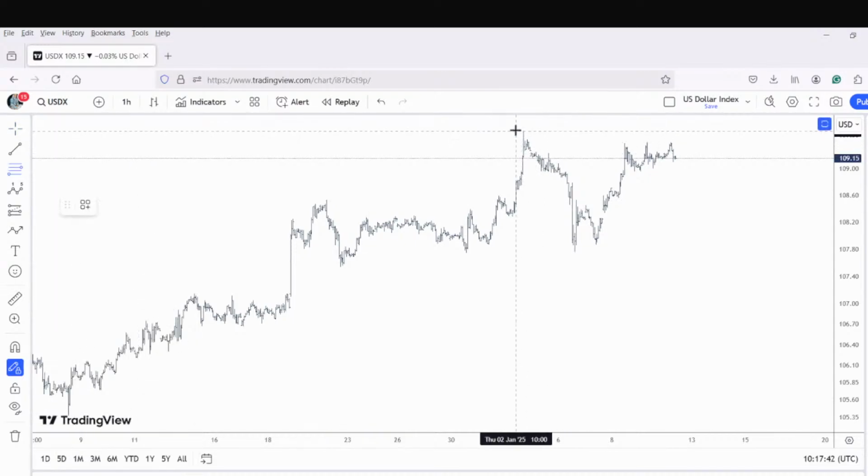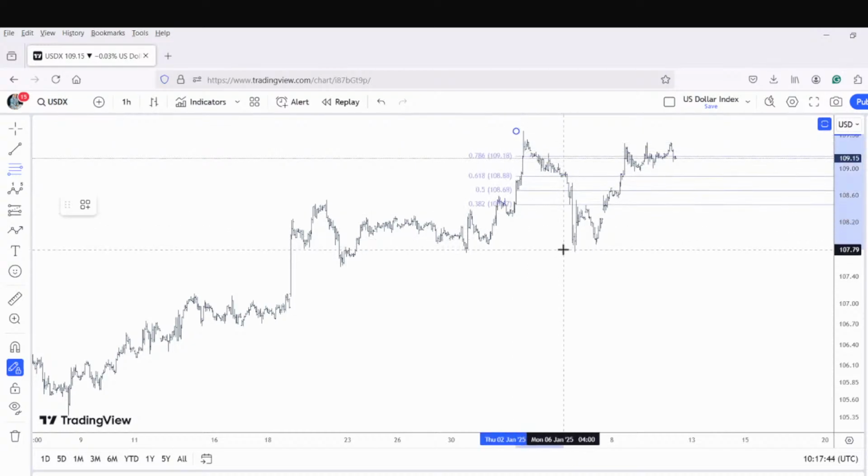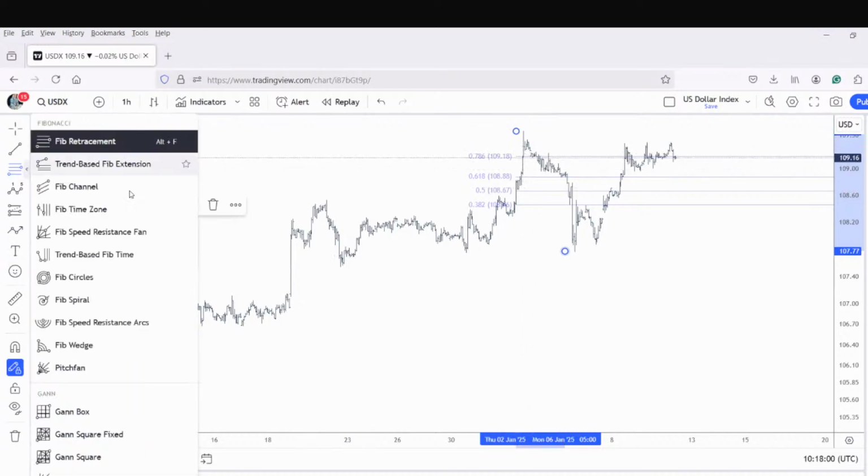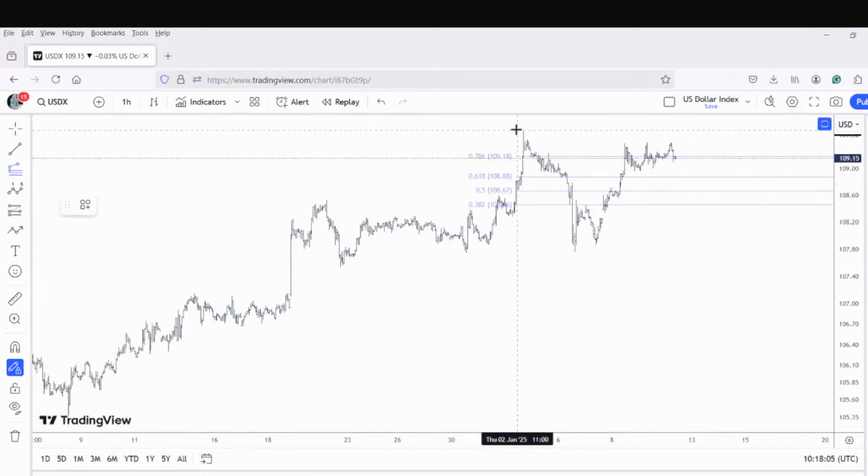We've taken shots aggressively around the 109 handle, even below that, 108.60 as well, with the stop around 109.80. That is the Fibonacci extension.